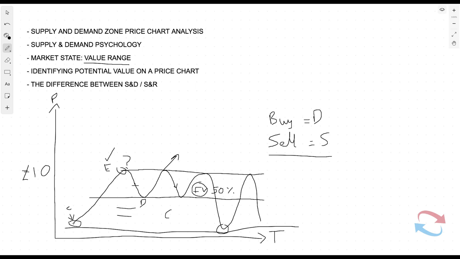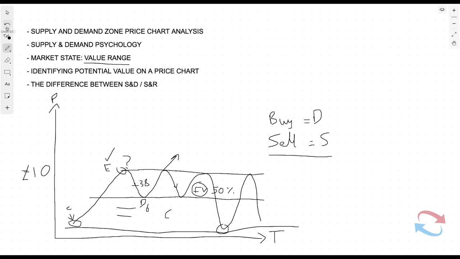It's just understanding the cheapest area of a leg up, right? Because obviously demand is coming, pushing prices to the upside. And then when prices pull back, this is potentially an expensive area, and you're buying at the 38% discount, 61% discount, and so on and so forth, when we're looking at retracements.